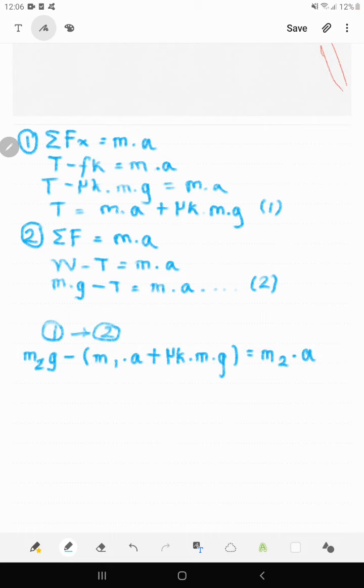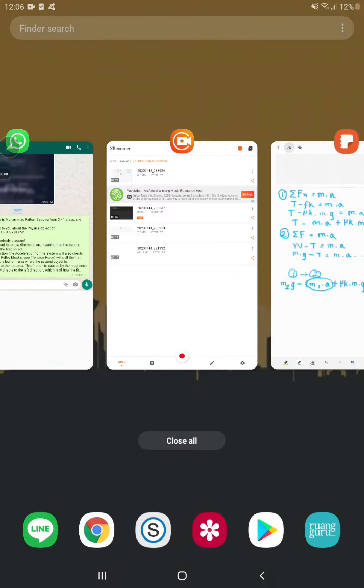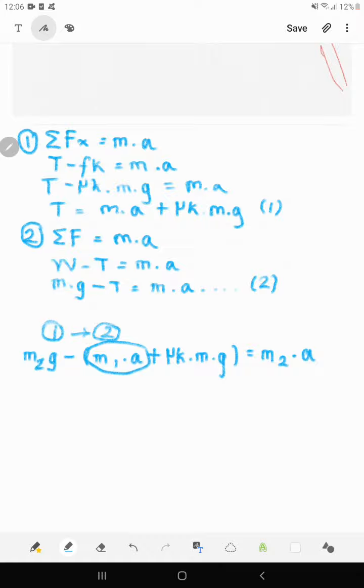Then the minus m times a of the first object will switch place to the left side of the equation, which is opposite now.